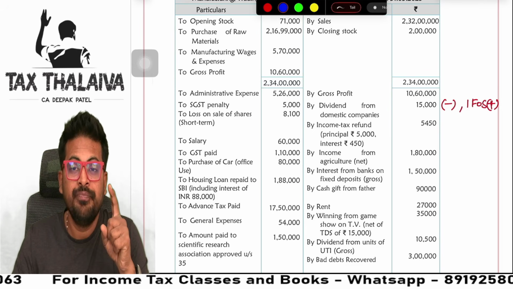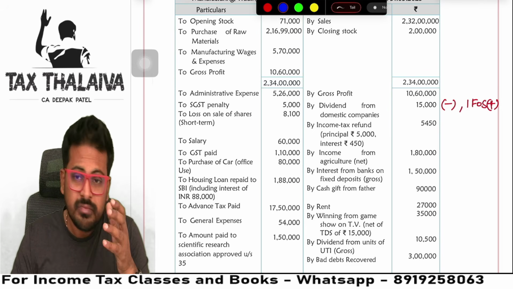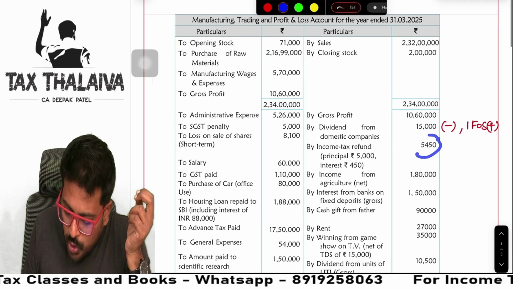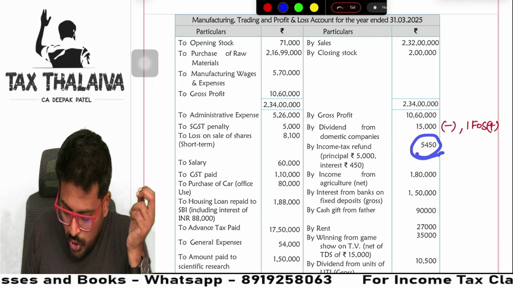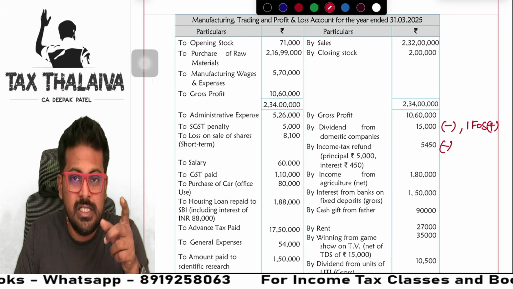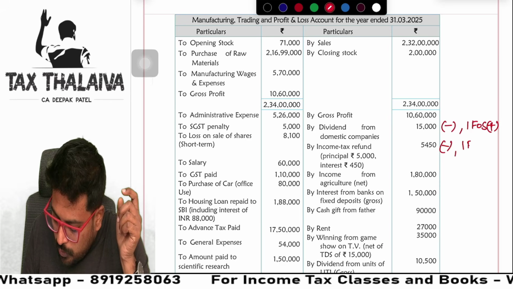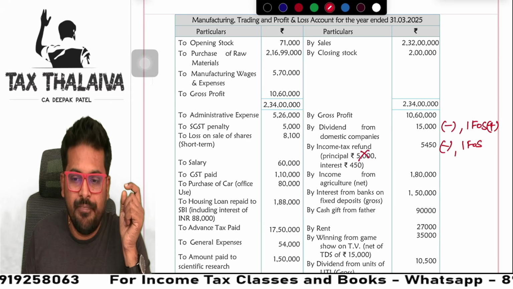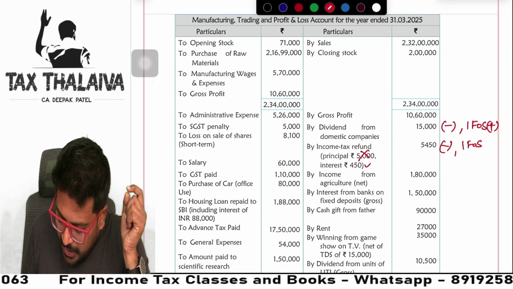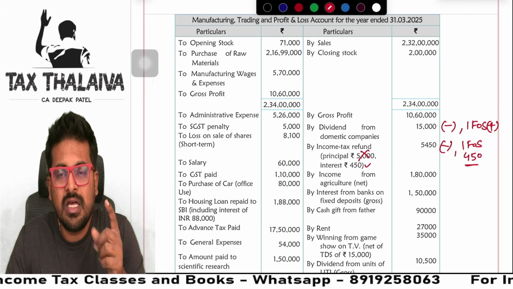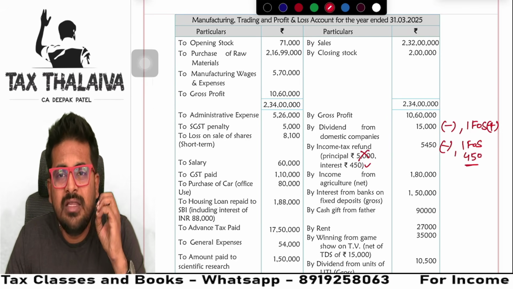including interest, you are getting from the income tax department. Now guys, think logically. How much did you already credit to the profit and loss account? You already credited 5,450. So this 5,450 has to be reduced from the PGBP. But mind you, when you go to IFOS, you will not add this 5,000 rupees. You will only add the 450 interest component under income from other sources, guys. Sir, why is 5,000 not considered? Think logically.